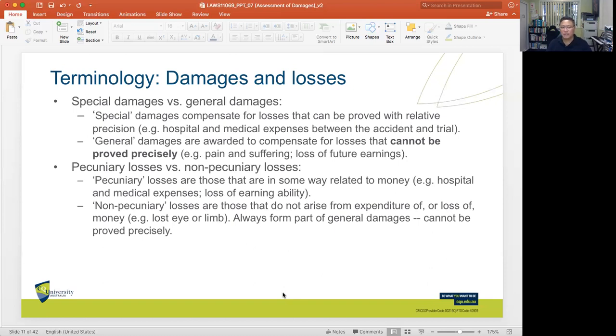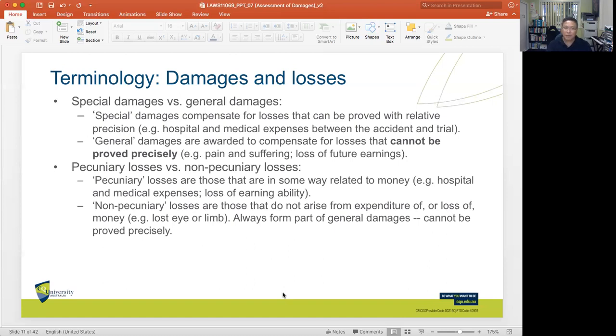For example, if somebody has lost an eye or a limb, or there is what is known as a loss of amenities because somebody is no longer able to do certain things that one potentially could have done, such as the ability to move around. A person is no longer able to do so because he might have become quadriplegic. A singer is no longer able to sing because he or she has lost her voice, or somebody is no longer able to play as a well-paid athlete because of the loss of a limb.